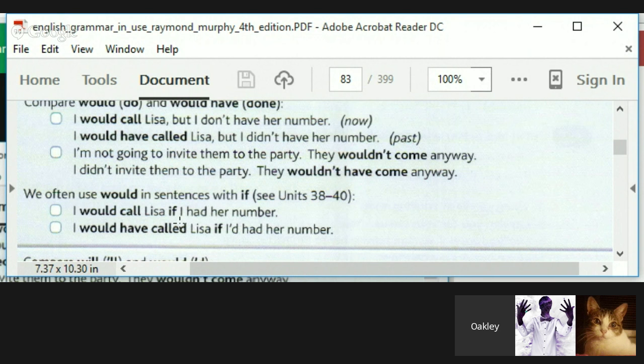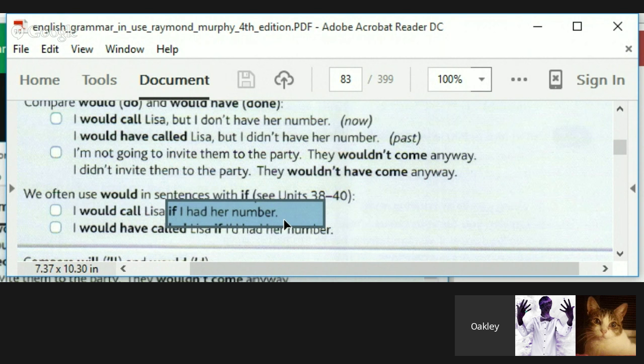The first conditional, which is the real condition, okay, the if clause will be in the present tense. For example, if it rains, I will stay home. So notice the difference. If it rains, present tense, I will stay home. I use will instead of would.